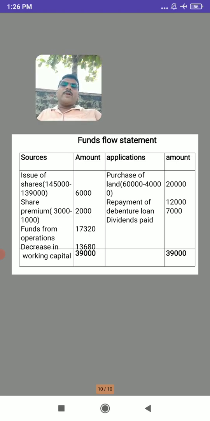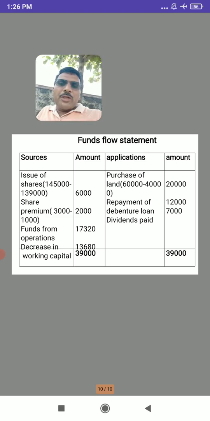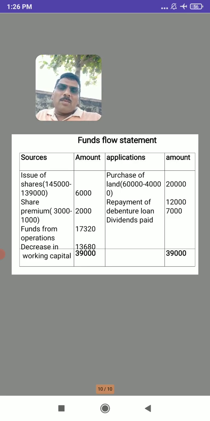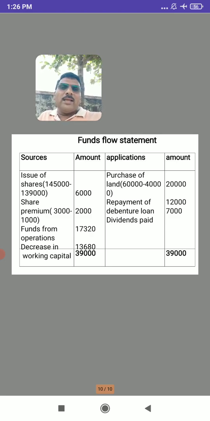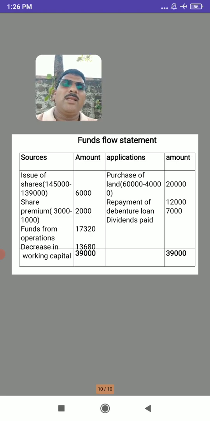So the difference is 6,000. We have to compare and take only the differences. Share premium, 2,000, that is the difference, and the funds from operation we have already calculated, that is 17,320, we are taking on the source side. And there is a decrease in the working capital. So if there is any decrease in the working capital, that is to be recorded on the source side.